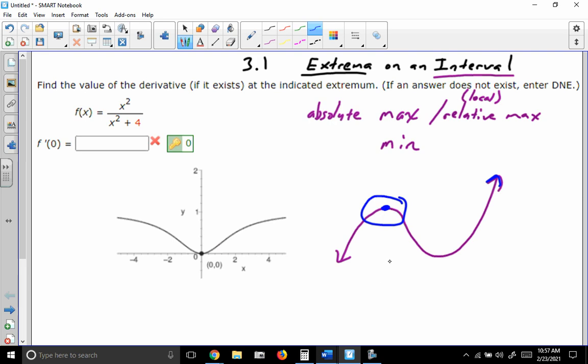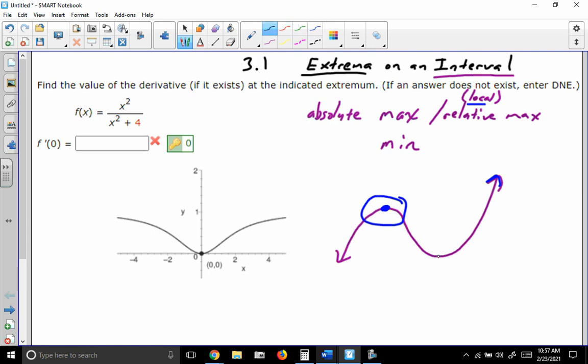I don't think there are any houses on the top of Mount Everest, so your house is not at the highest point on Earth. So there are points higher, but just in consideration of things near it, that's the highest point. So we would consider that a local or a relative max.